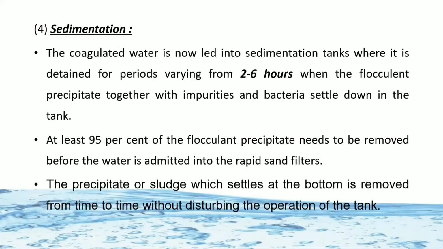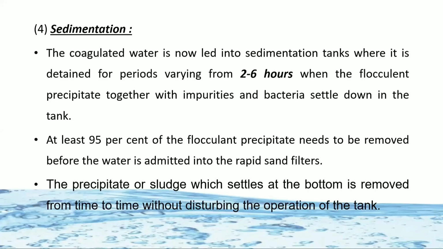Then after flocculation, there is the process of sedimentation. The coagulated water is now led into the sedimentation tank, where it is detained for periods varying from 2 to 6 hours. The flocculant precipitate together with impurities and bacteria settles down in the tank.